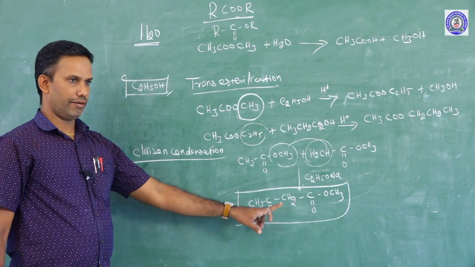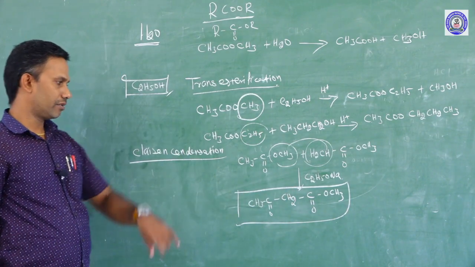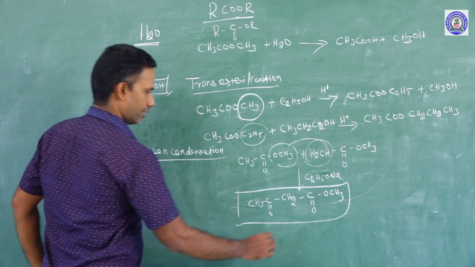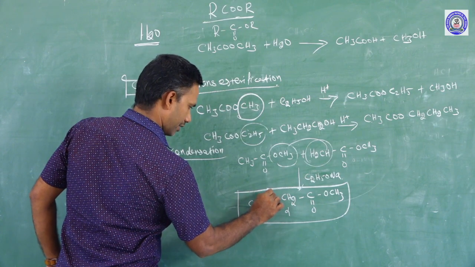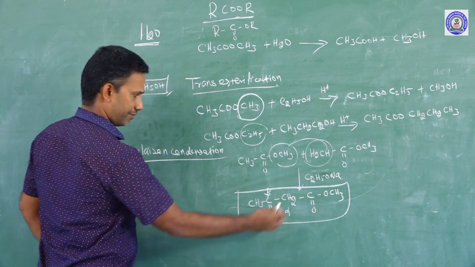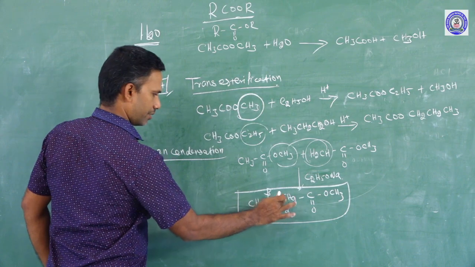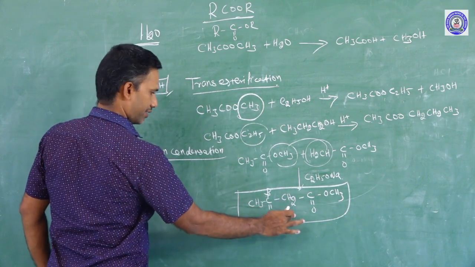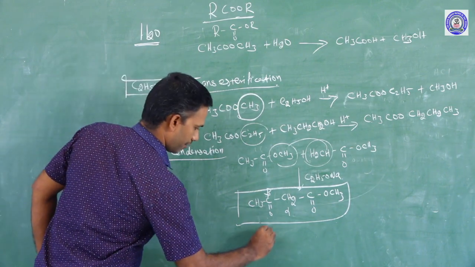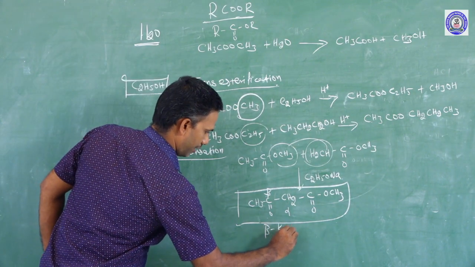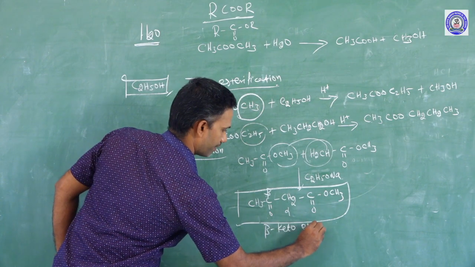This is called a beta keto ester. Why, sir, is it called a beta keto ester? This is the alpha carbon, then the beta carbon. In the beta carbon, beta means second, there is the main functional group. First carbon alpha, second carbon beta. So as a result, we are getting that beta keto ester.